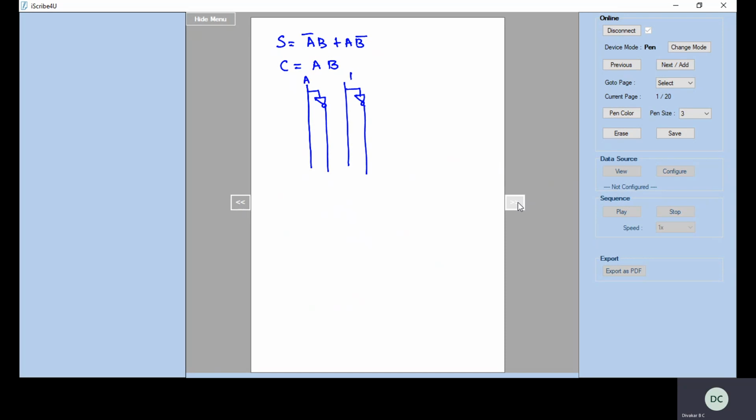The inputs are A and B. For the sum expression, A bar means a NOT gate, and B is used to perform the logical multiplication operation, so an AND gate is used. Similarly, A and B bar with an AND gate, and both are given to the OR gate since the plus symbol is there. So this is the sum expression.